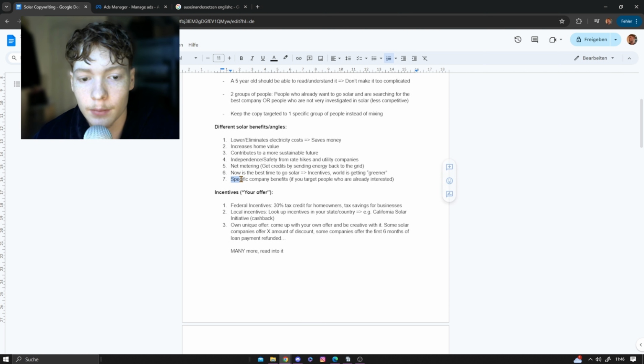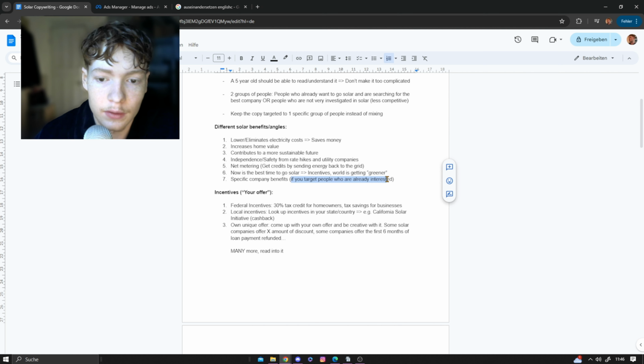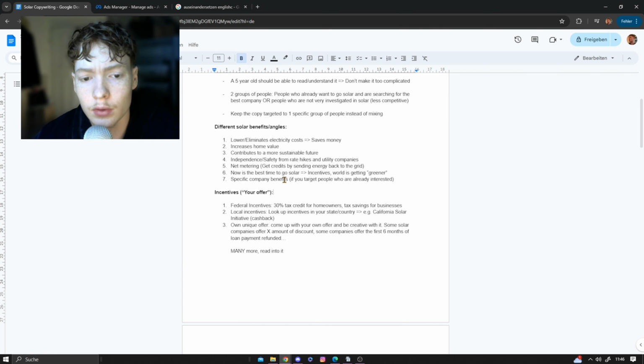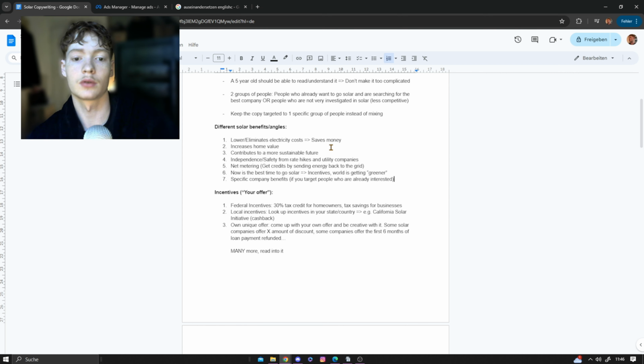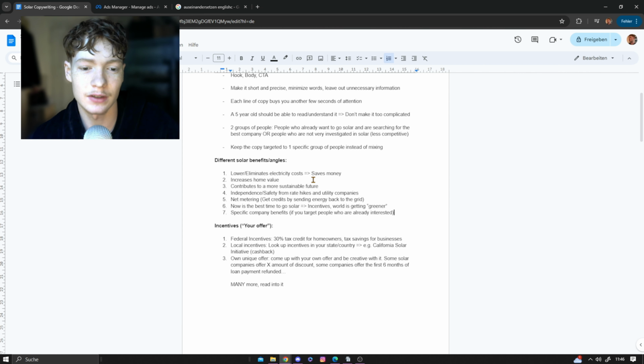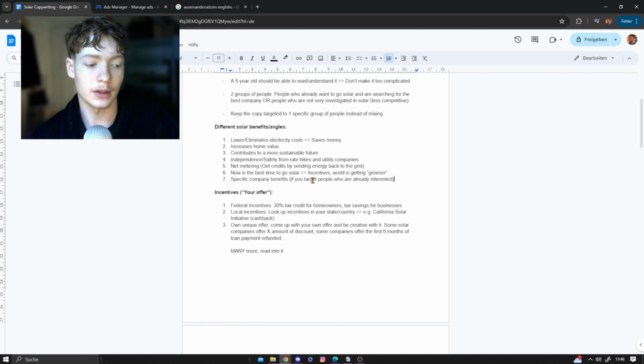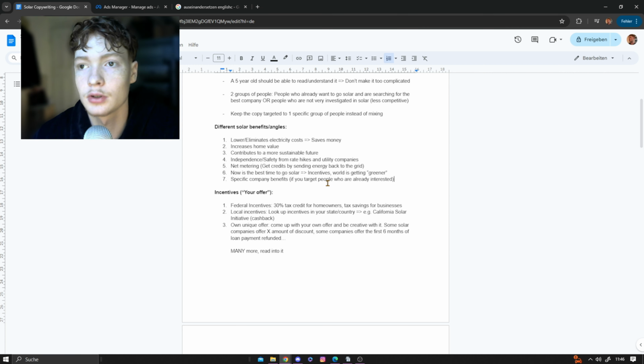And then specific company benefits. Again, this is only if you target people who are already interested in going solar. Not only that, even if you target people who are not as invested in solar, you should still have company benefits that you show them, like why should they go with you, especially after you got them as a lead.